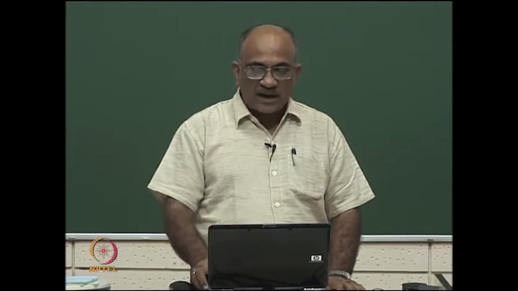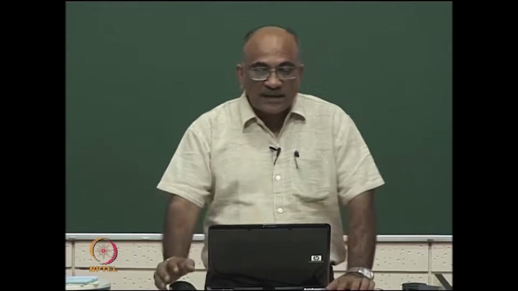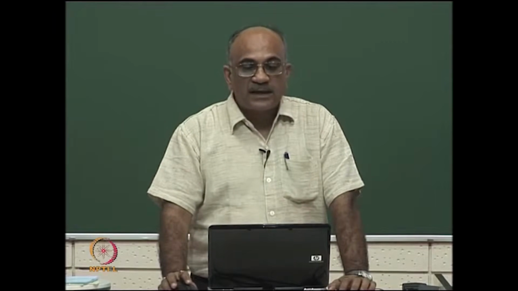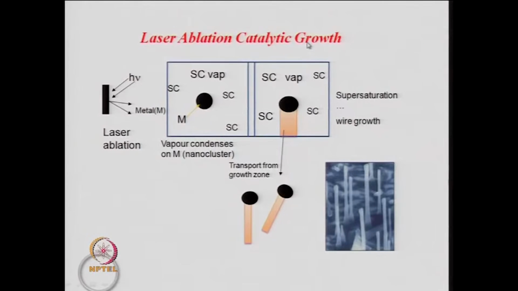So, today we will start some other techniques like laser ablation catalytic growth. In this technique, as the term laser ablation means, you have a metal target and you shine a laser beam with some energy, and you will have metal atoms coming out of this material.